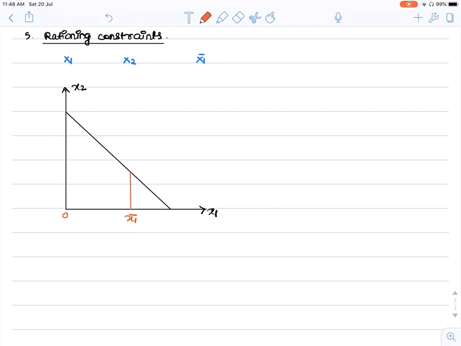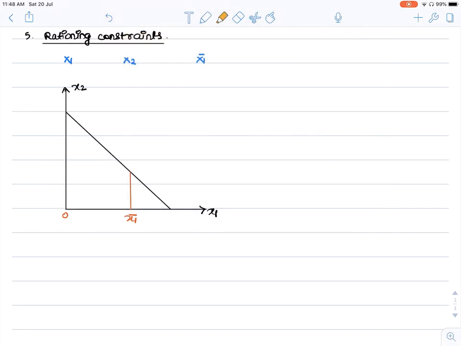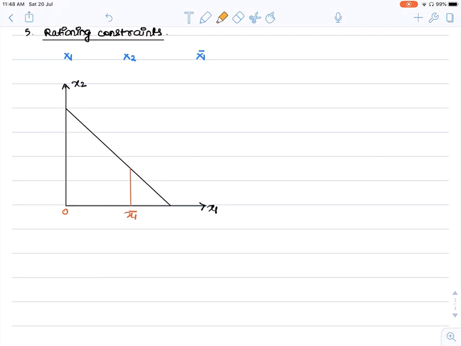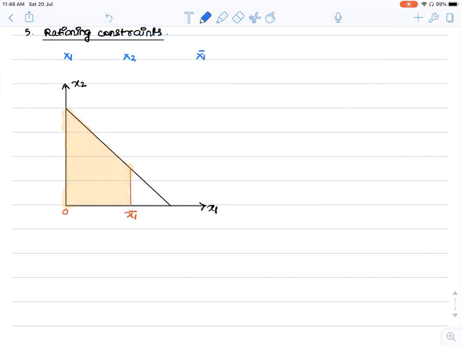So this little triangular portion of the budget set will be lobbed off, and only this much of the budget set will remain as part of your budget. This portion which I have not shaded is lobbed off from the budget set.